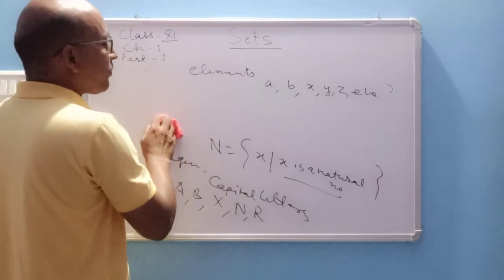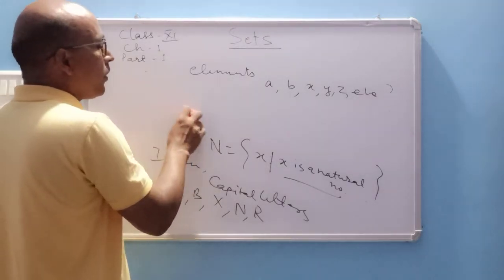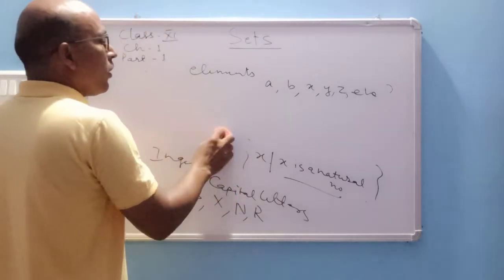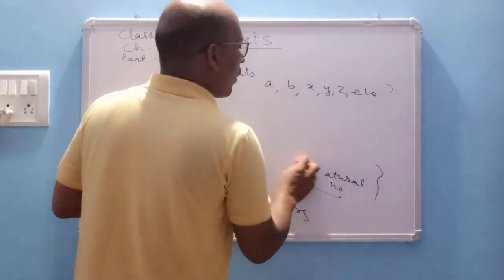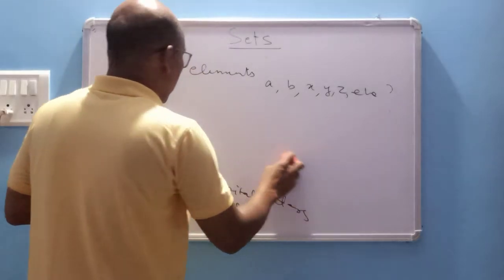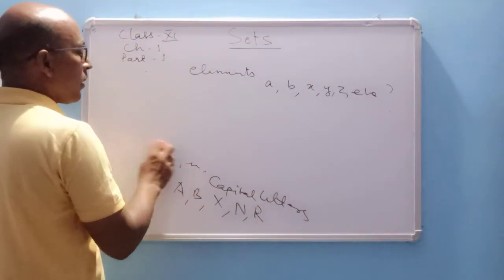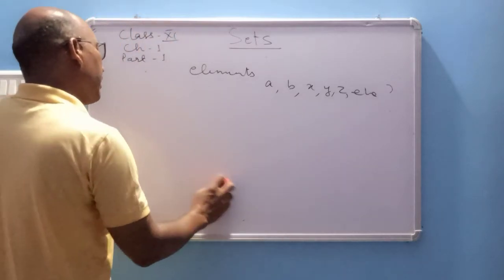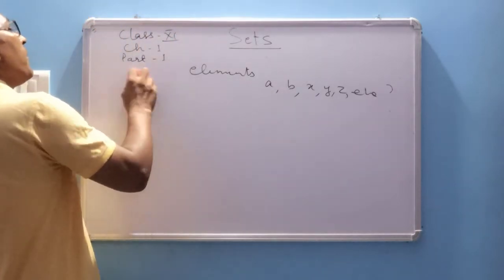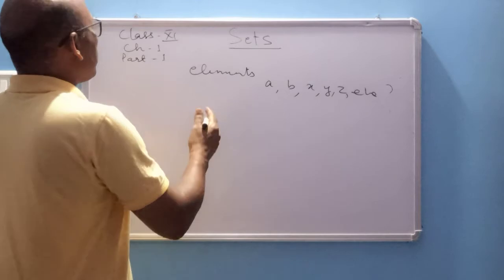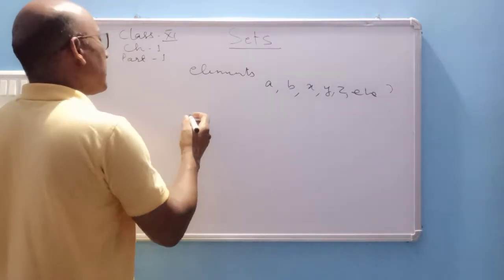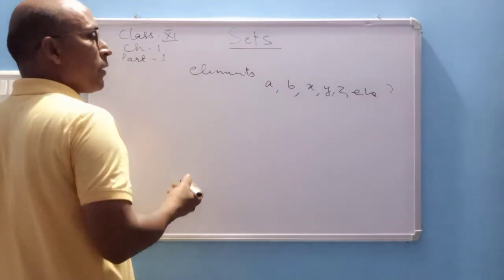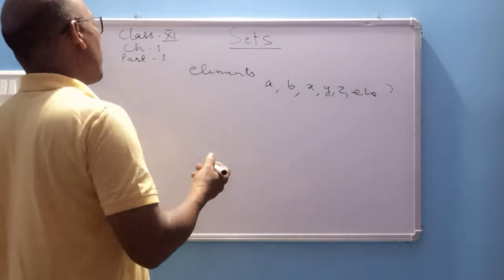So, if you are given one form, then you can represent it in another way by guessing the characteristic property exhibited by the elements of the set.